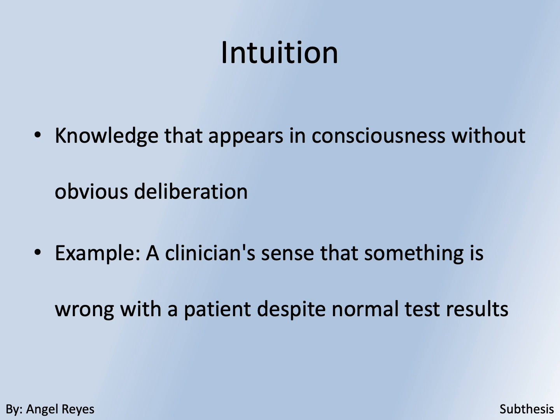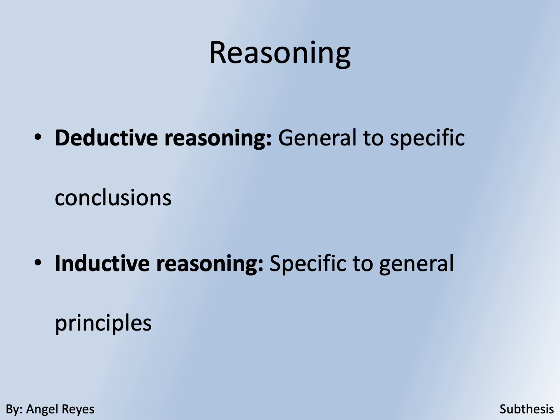biases and assumptions. Reasoning involves structured thinking processes that connect ideas logically. Deductive reasoning moves from general principles to specific conclusions. For example, if all mammals have hearts and dolphins are mammals, then dolphins have hearts. Inductive reasoning works in the opposite direction, building general principles from specific observations.